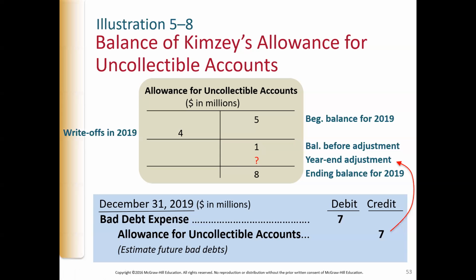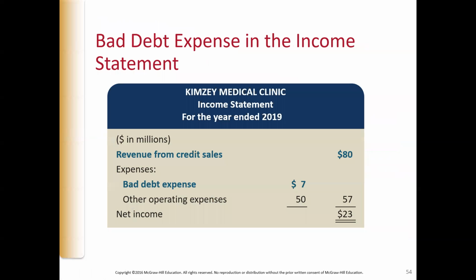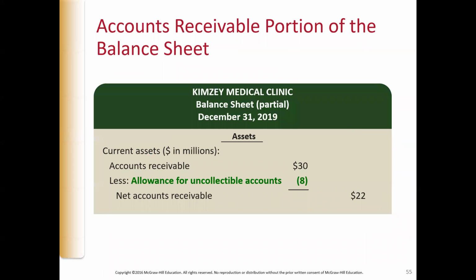The key to remember is that estimating our allowance for uncollectible amounts means this is what we need the balance to be. And it's a plug-in to how we get there. The bad debt expense in the income statement will be the $7 million. But the portion in the balance sheet is going to be the balance of the allowance for uncollectible amounts.